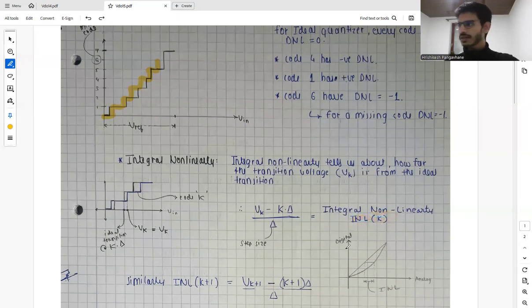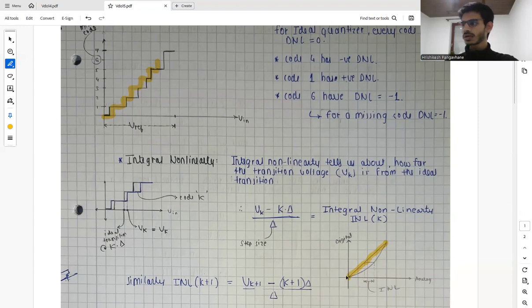If we represent it in a graph format, this line or slope will give us the staircase. Let's say that this is the staircase.